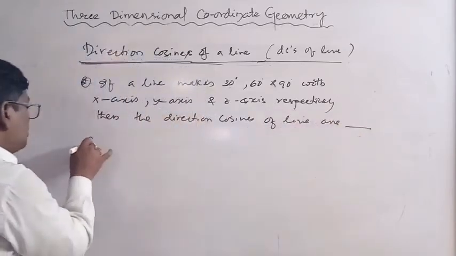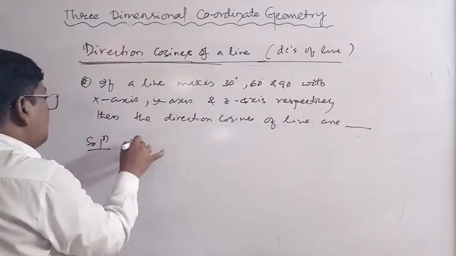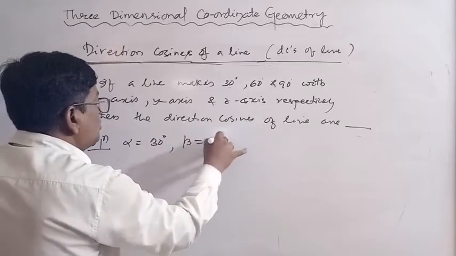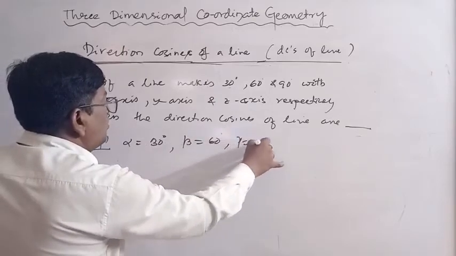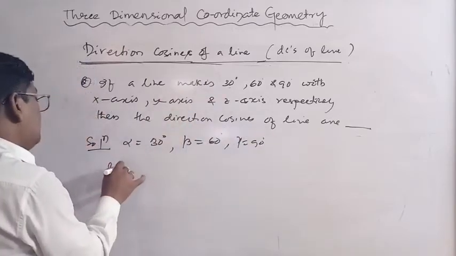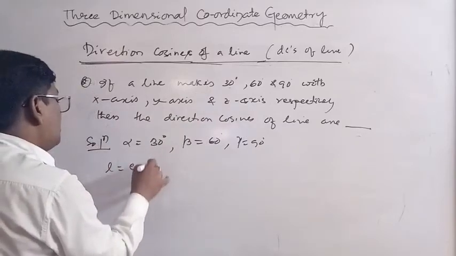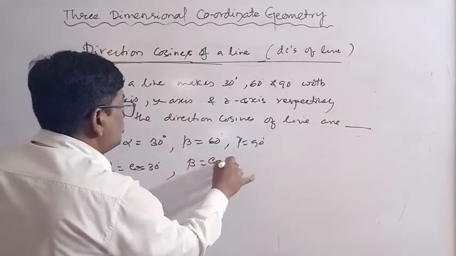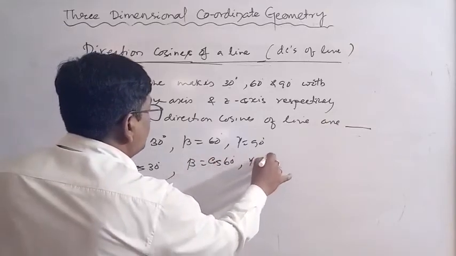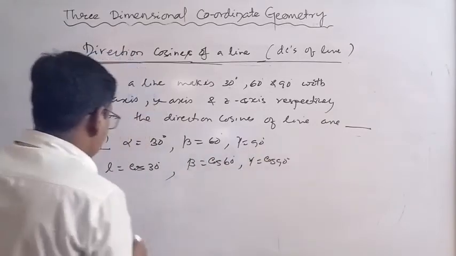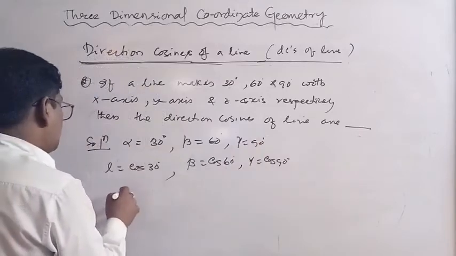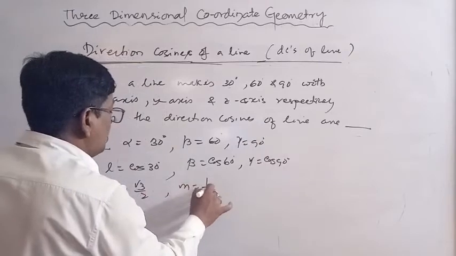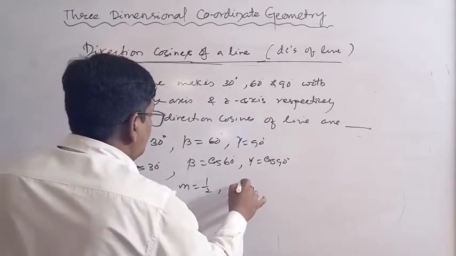So what is the solution here? Alpha is equal to 30 degree, beta is equal to 60 degree, gamma is equal to 90 degree. So L is equal to cos 30 degree, M is equal to cos 60 degree, and N is equal to cos 90 degree.